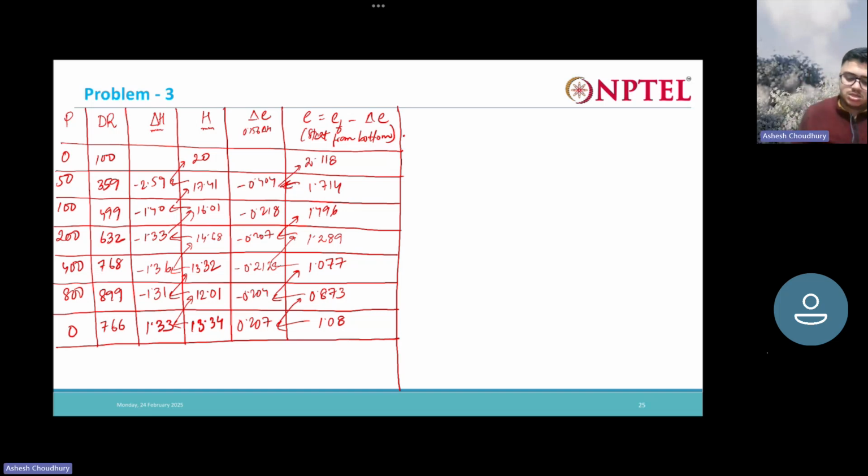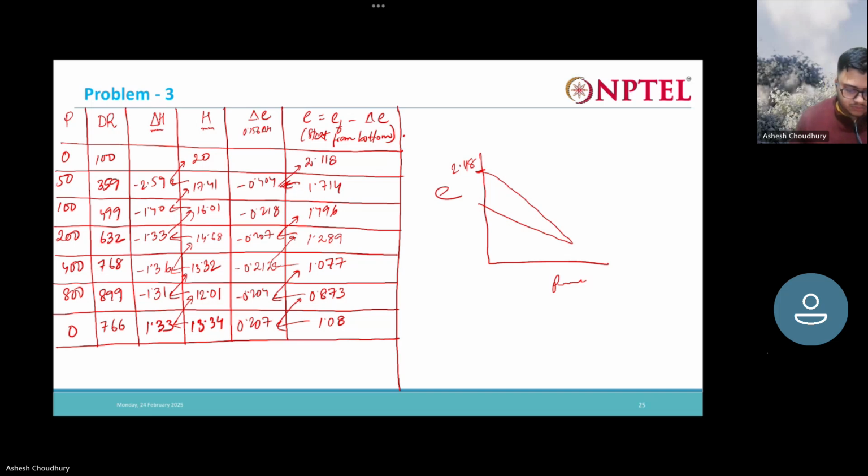So initially we started from the bottom and worked to the top. If you plot it now, the initial void ratio is 2.118. Then it keeps on reducing, and then when you unload it, it comes up something like here. This is the way you need to solve the problem one by one.